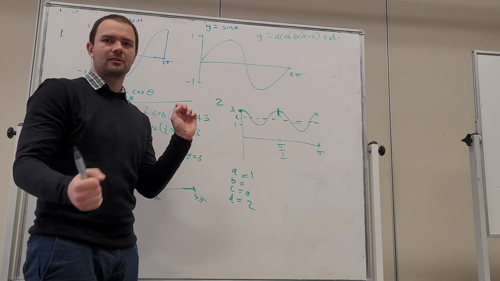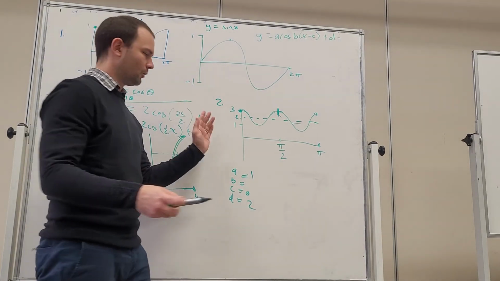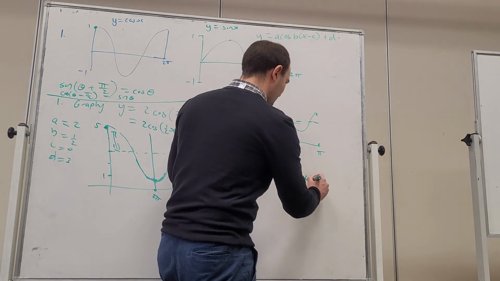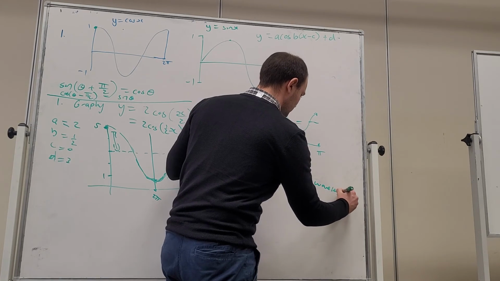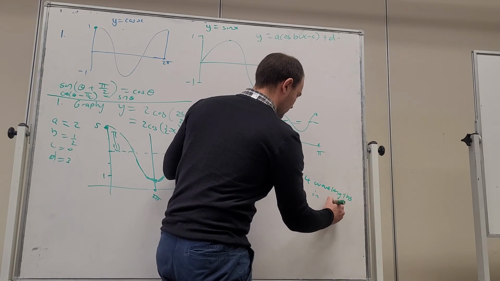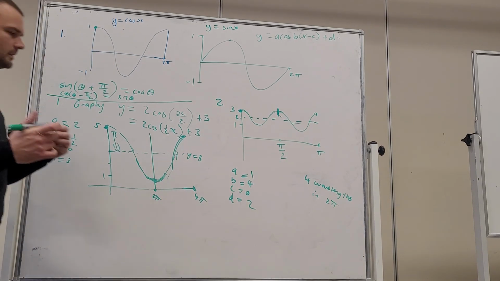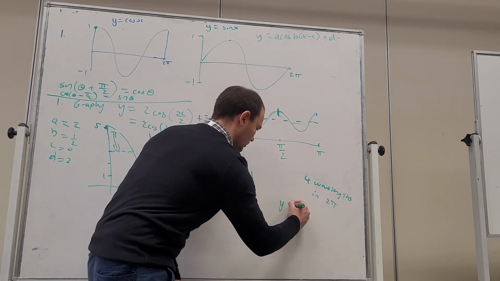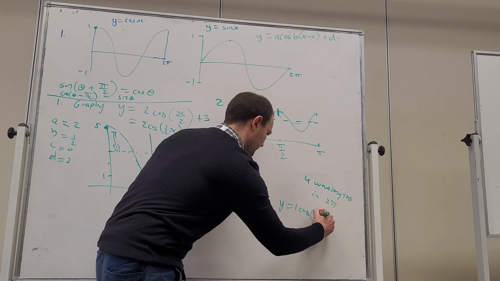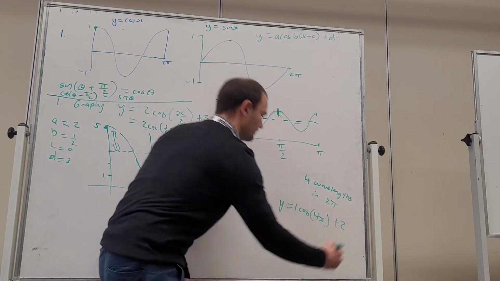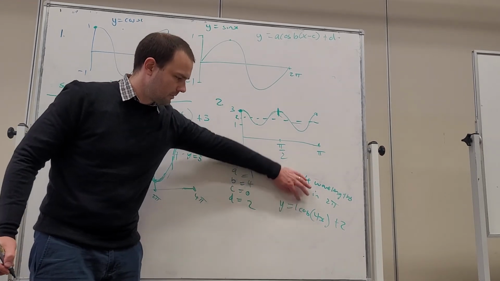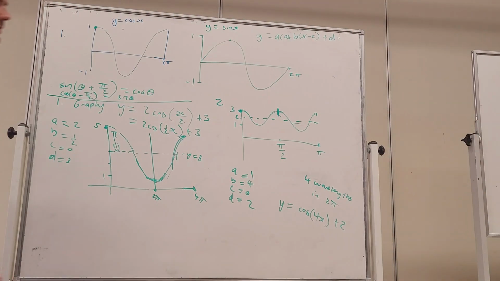How many wavelengths do we have in 2 pi? 4, okay? We have 4 wavelengths in 2 pi. So therefore our value of b is 4. And so the equation of this function would be 1 cos 4x plus 2. And this 1 out front is obsolete. We do not need to write that. Cos 4x plus 2.